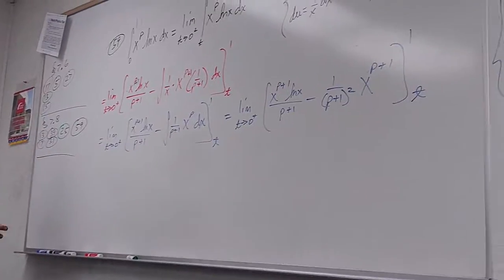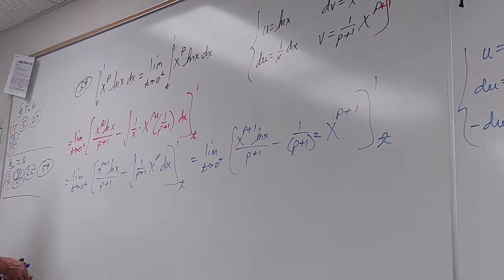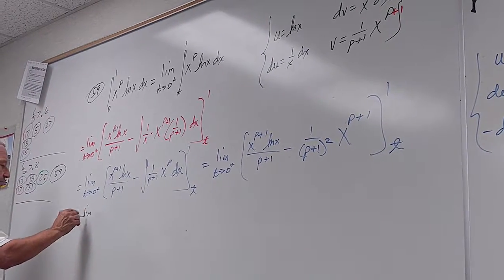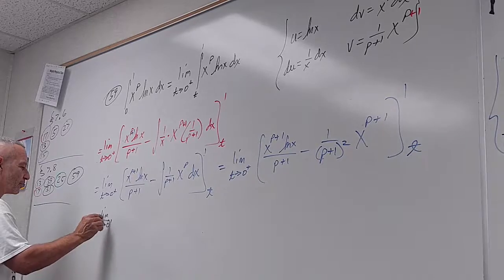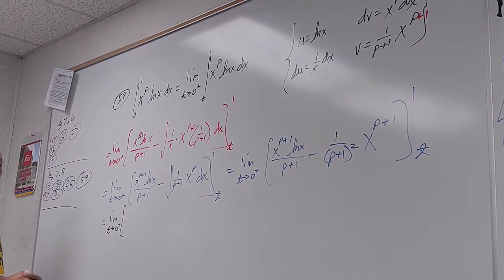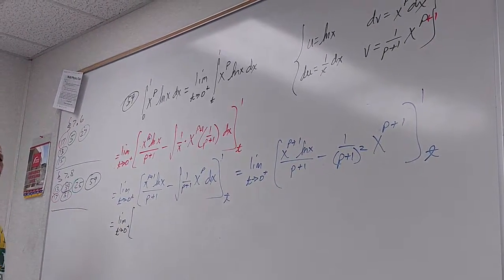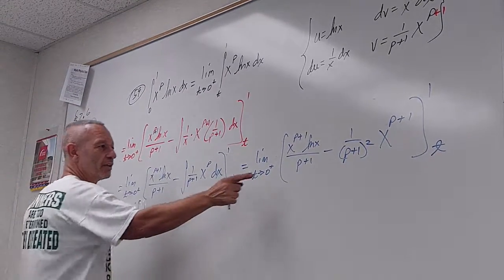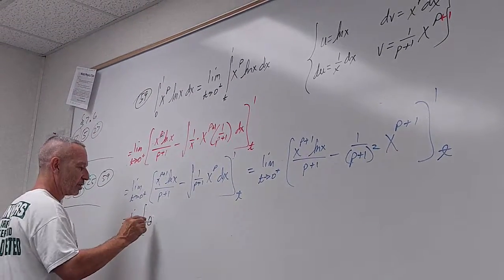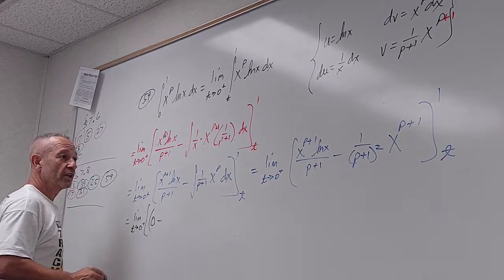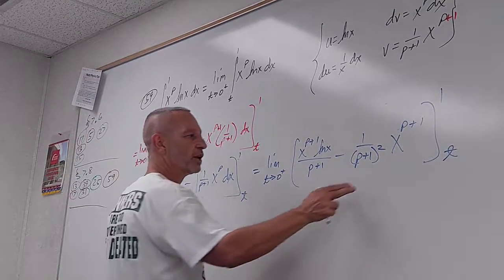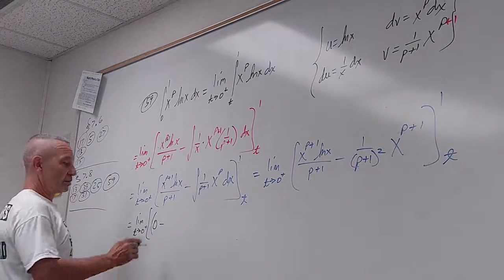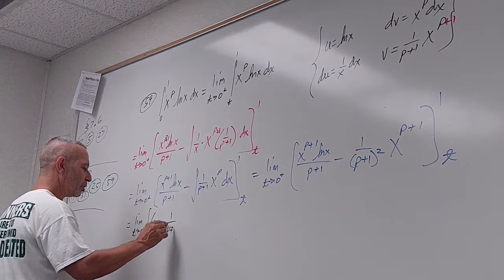Okay, well, let's substitute in then. So this is the limit as t goes to 0 from the right. Plug in 1. What am I replacing with the 1? x. So 0 minus, if I plug a 1 in here for x, I get 1 over p plus 1 quantity squared.